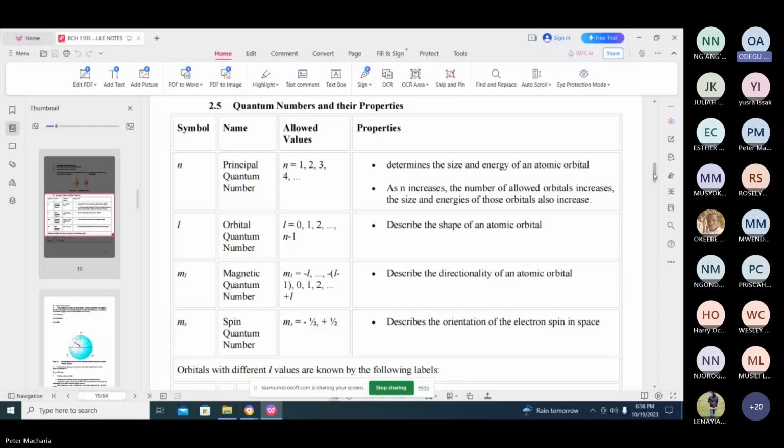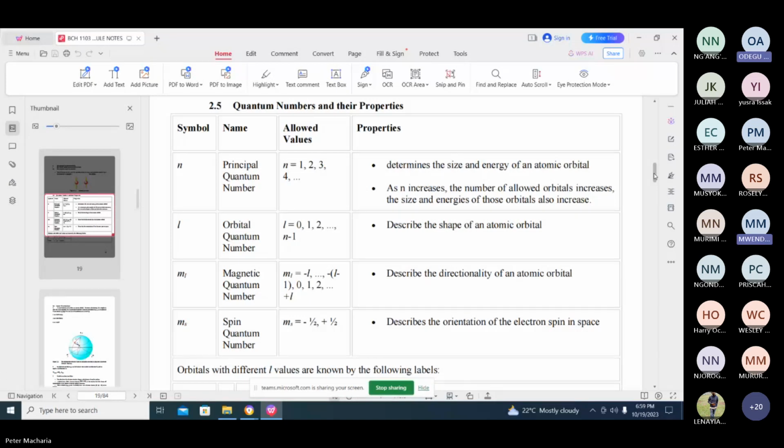So in principal quantum shell number 4, we can have the sublevel 0, which represents S, the sublevel 1, which represents P, the sublevel 2, which represents D, and the sublevel 3, which represents F. Correct. So now that one you understand up to there, isn't it?